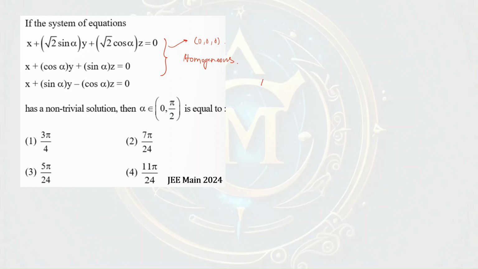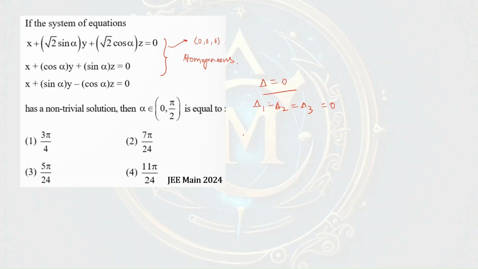So we have to simply put the coefficient determinant equal to 0, because you can calculate delta 1, delta 2, delta 3. They all will come out to be 0, because when you replace the columns with this 0, 0, 0, then you will only get delta 1, delta 2, delta 3 equal to 0.